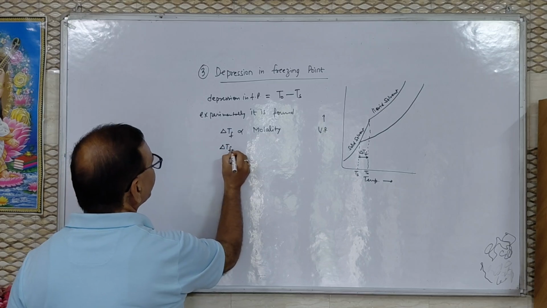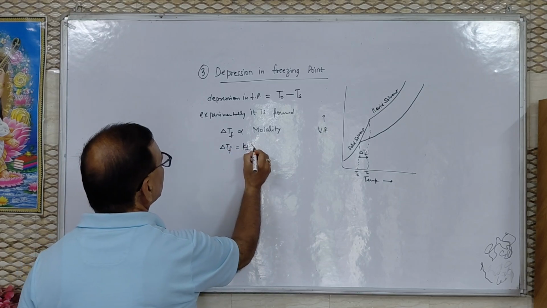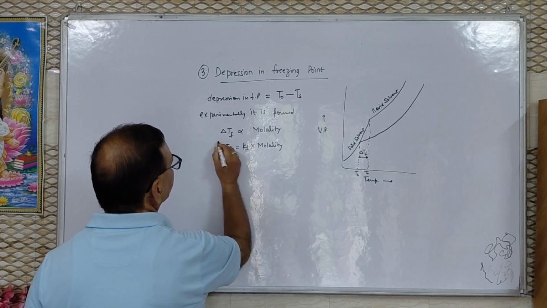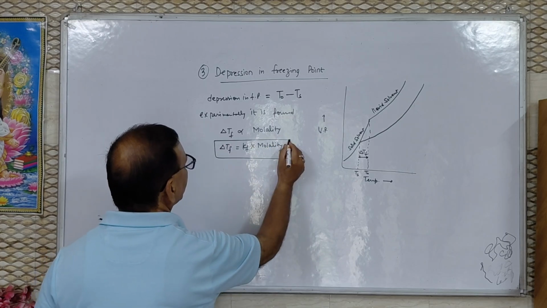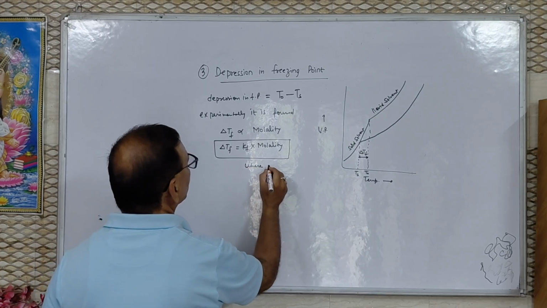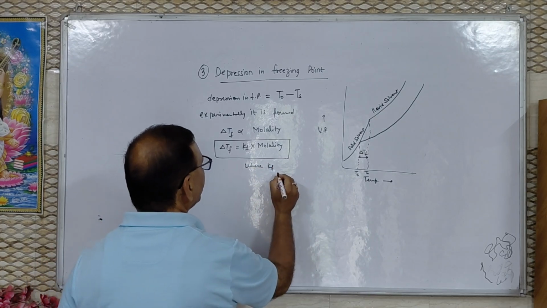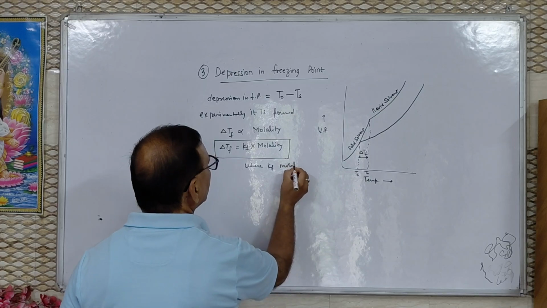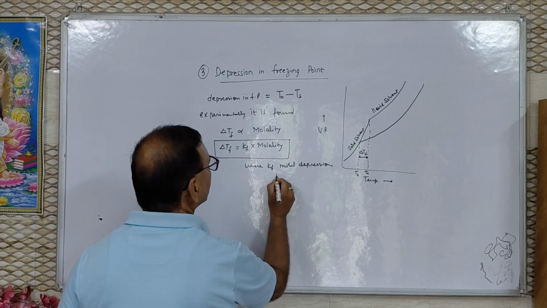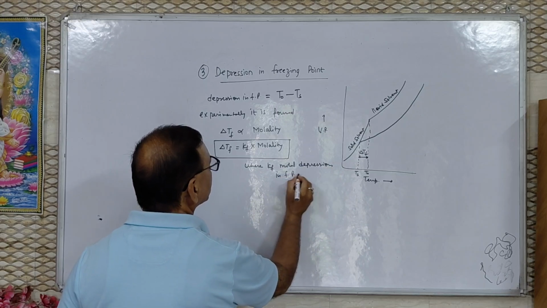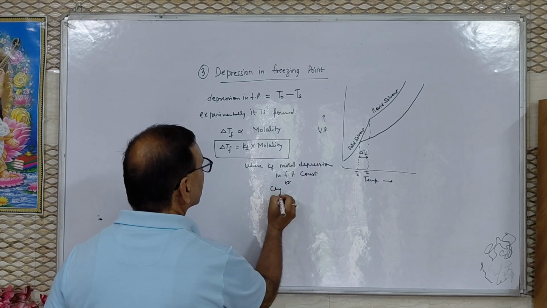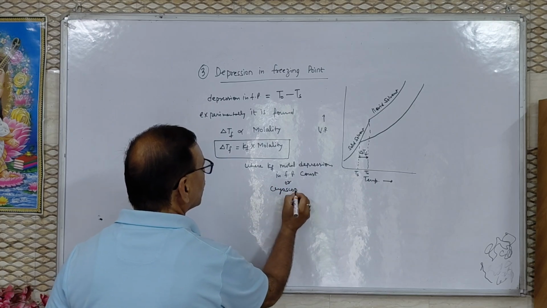So delta TF is equal to Kf into molarity, where Kf is the depression in freezing point constant. Kf is the molar depression in freezing point constant, or cryoscopic constant.